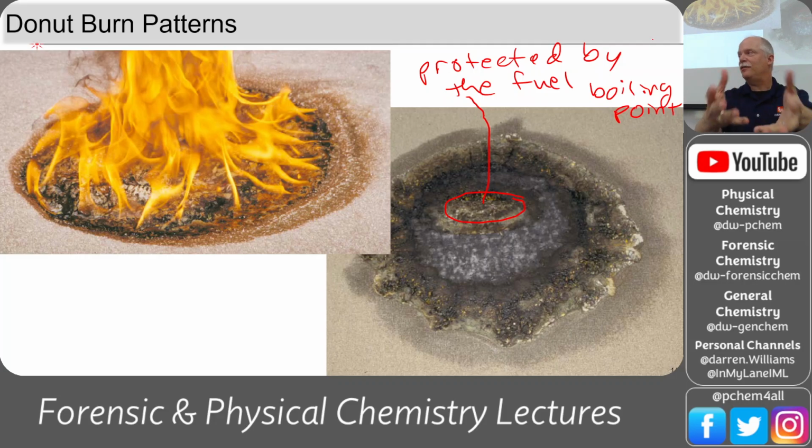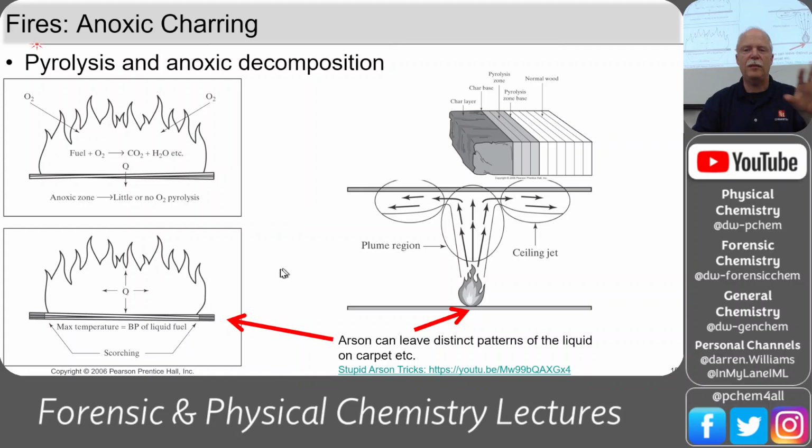If someone's dumb enough to try to burn something down, or commit arson, and try not to be detected, you're going to find evidence of whatever fuel they use, whether it's gasoline, diesel, white gas, whatever. You can find the trace elements in that, and you might be able to find out even where they got it. We'll talk about that more. There's a whole lecture on arson.